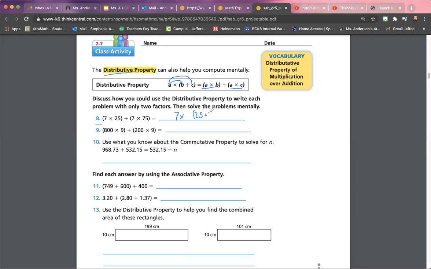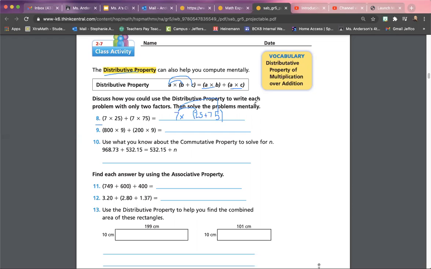Knowing that I love to call this rainbow multiplication because he's jumping over to both. Knowing my 7 has to be multiplied to 25 and to 75. Whatever number is in front of the parentheses has to be distributed to both numbers. Again, this video is also in our virtual classroom, so if you need a review with that.